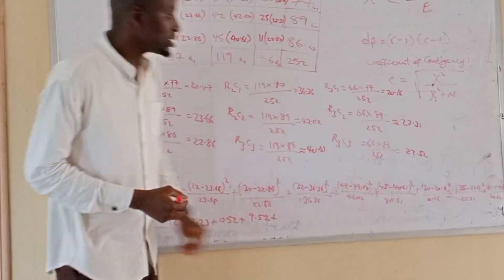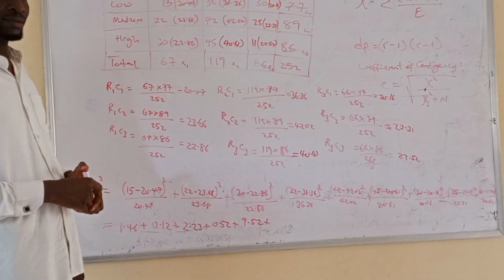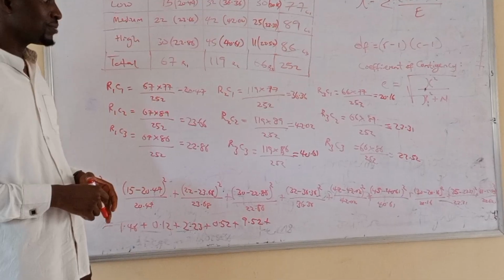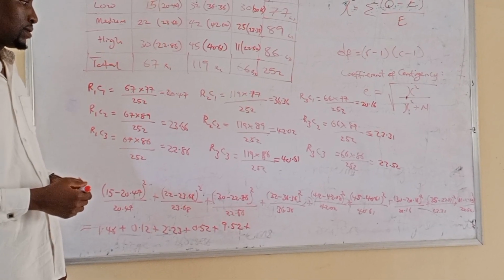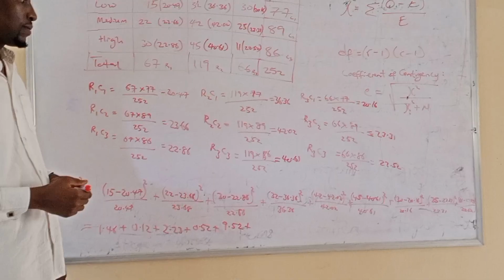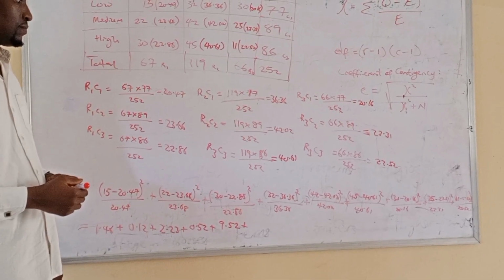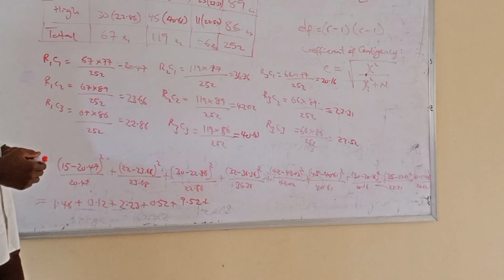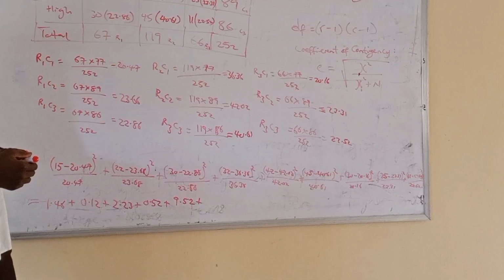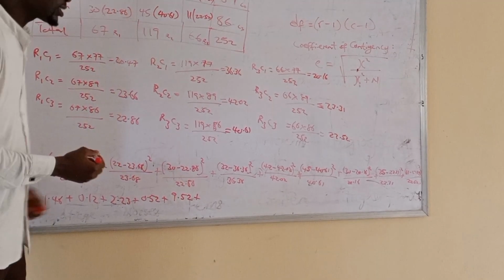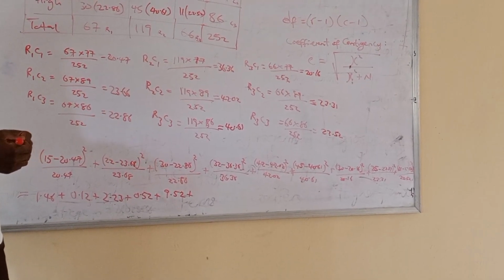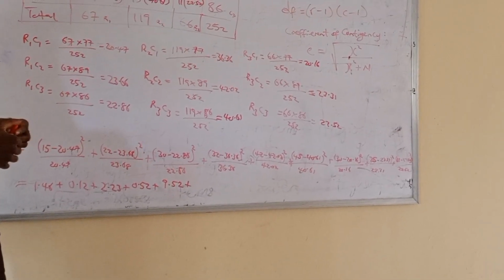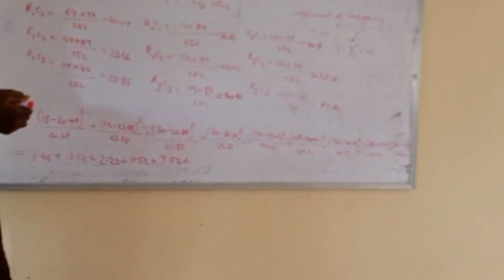45 minus 40.61. 0.47. Have you squared it? Yes. Have you then divided by 40.61? That's 4.39.